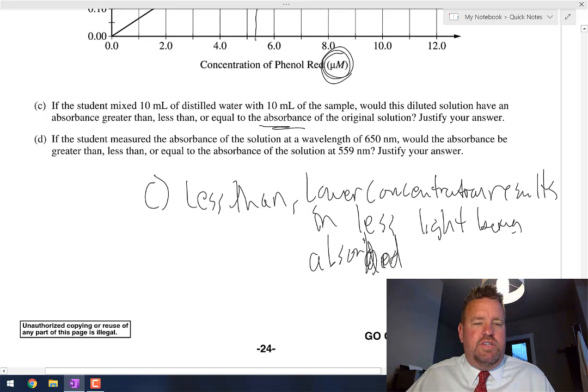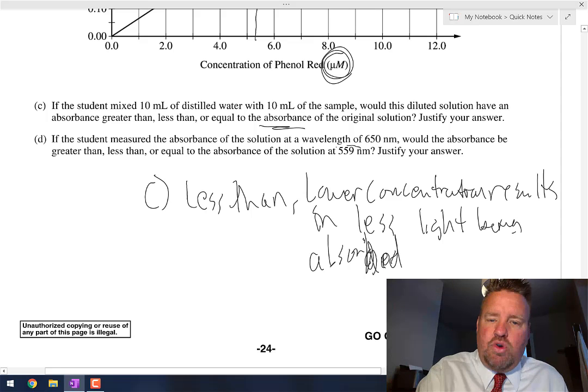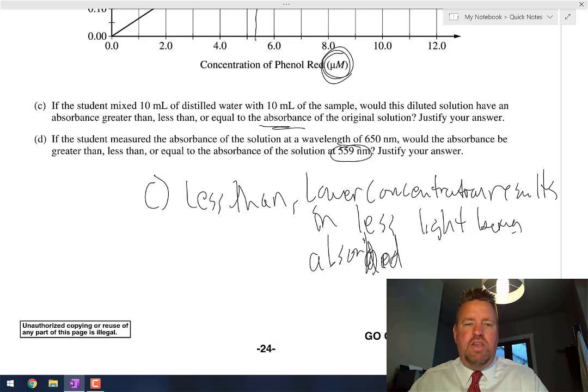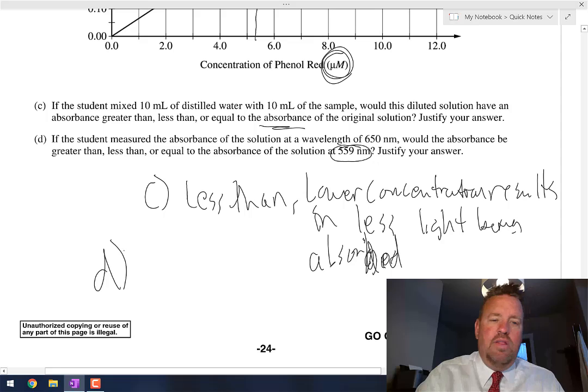And then part D, if the student measured the absorbance of the solution at a wavelength of 650, would the absorbance be greater than, less than, or equal to? Well, they already set up above that the maximum absorbance occurs at 559. So any wavelength other than 559, you are not going to get the maximum amount of absorbance. So on part D, there's no choice other than less than.